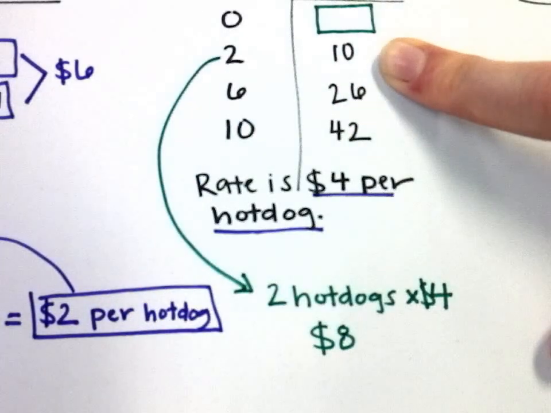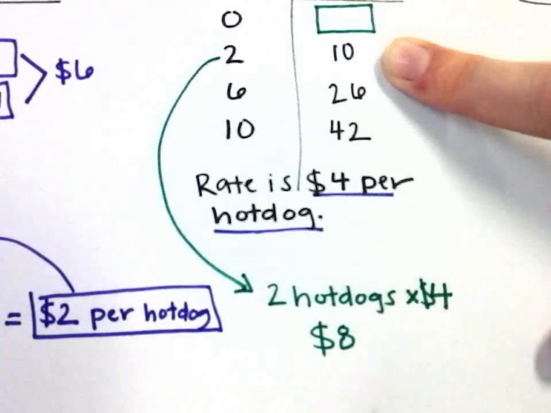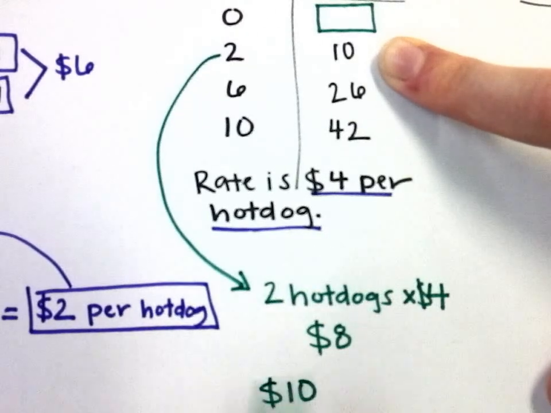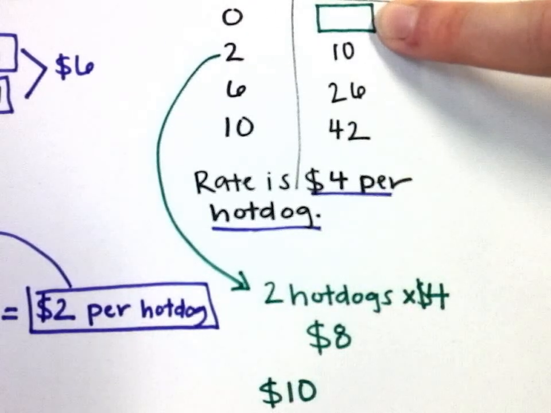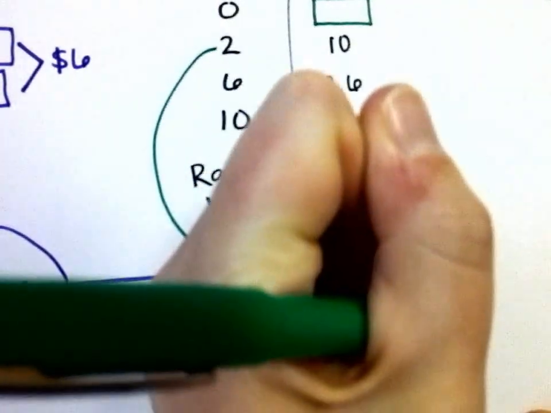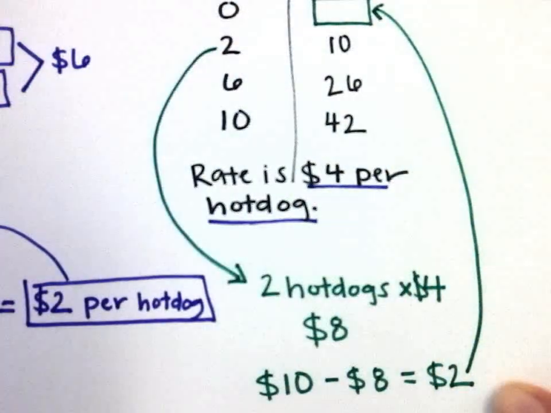It's $10. So if I know I made $8 from 2 hot dogs, but I actually have $10 in the bank, that means I must have started with $10 minus $8, whatever that is, which is $2. So I started, my initial value was $2.